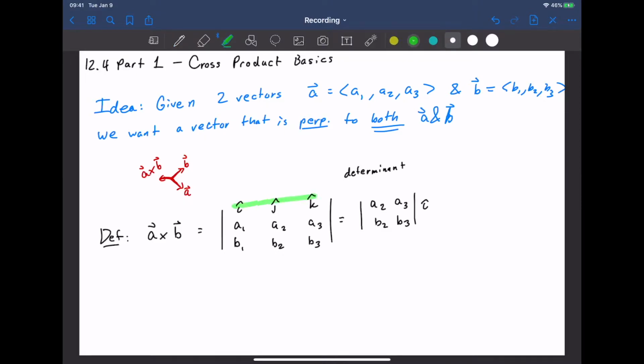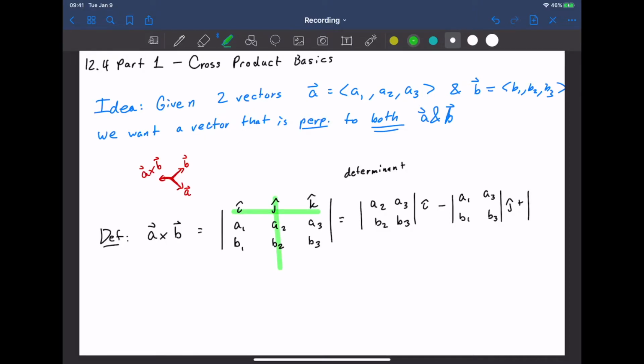So that's the one associated with this, highlighting that minor, minus the second minor, A1, A3, B1, B3 in the J component, plus, so sorry, really quick, that J looks like this.